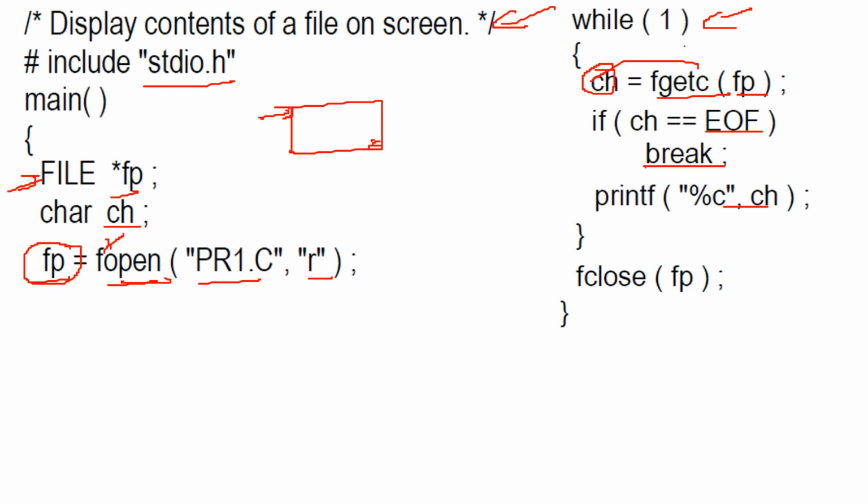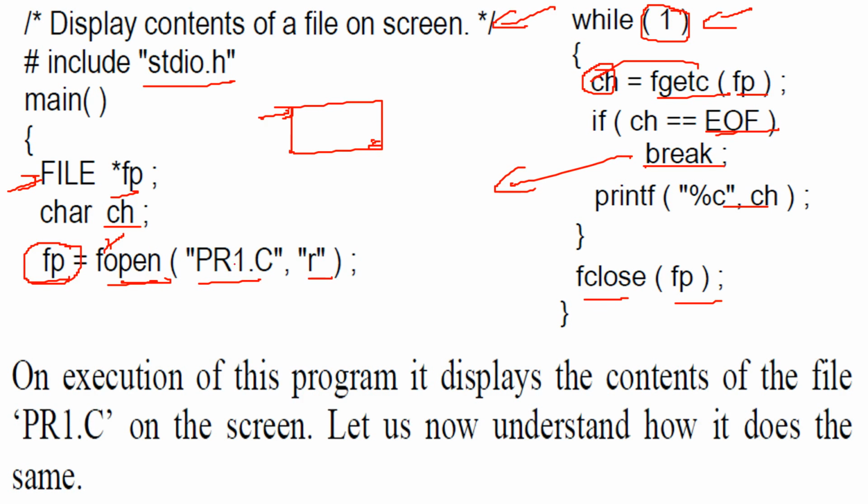This goes on indefinitely till end of file is reached, and after that we break and then close the file. So what we are doing here is this: when we execute this program, we are able to display the content of pr1.c onto the screen. First of all, what is this? We'll discuss each and every aspect one by one.